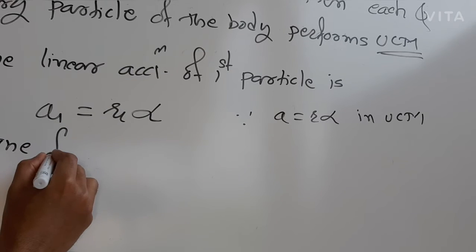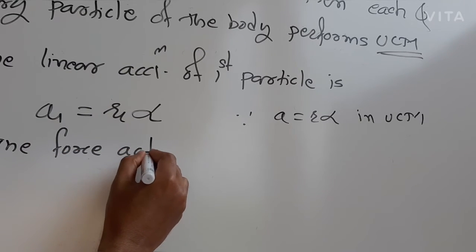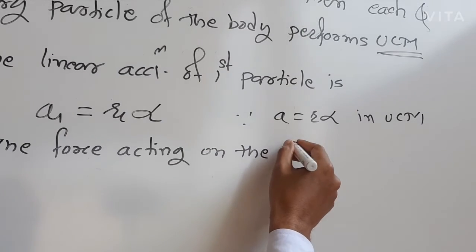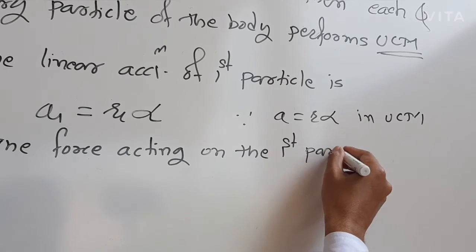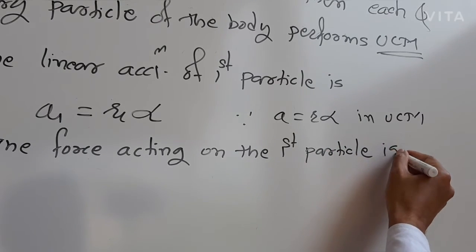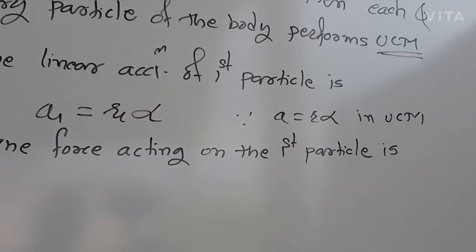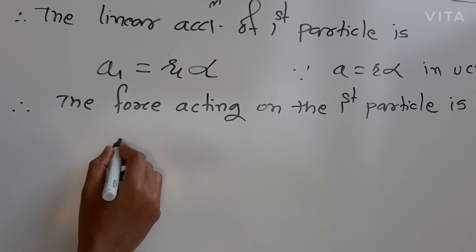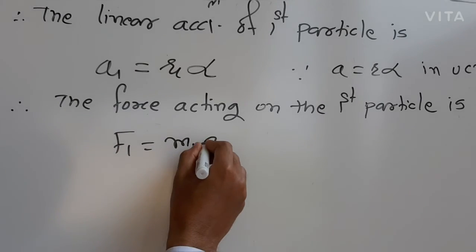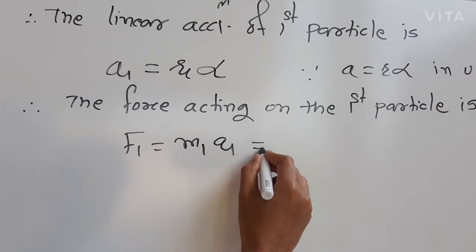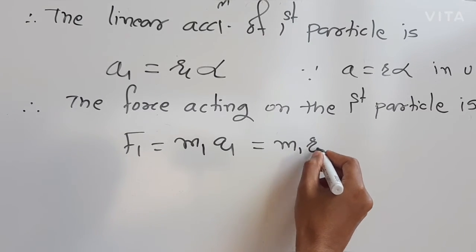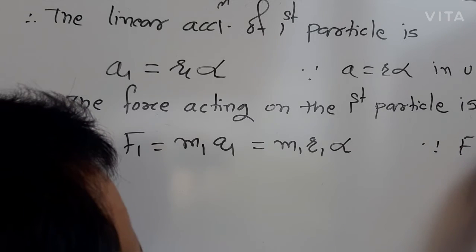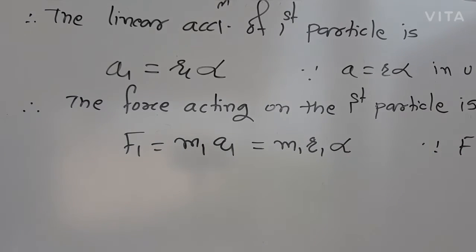Therefore, the force acting on the first particle is F1 equal to M1 into A1, which is equal to M1 into R1 into alpha, because F is equal to mass into acceleration.